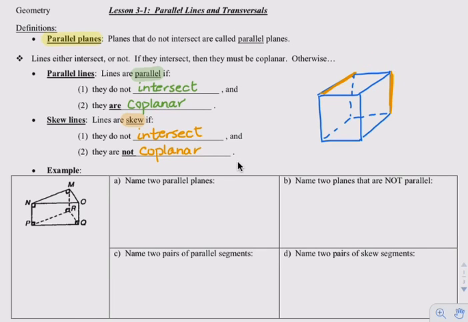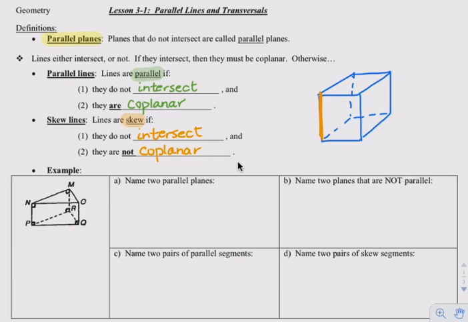So think physically about what it would look like if you had a tissue box in front of you and you highlighted this segment and that segment. They're never going to intersect. So that segment and this segment, they'll never intersect.